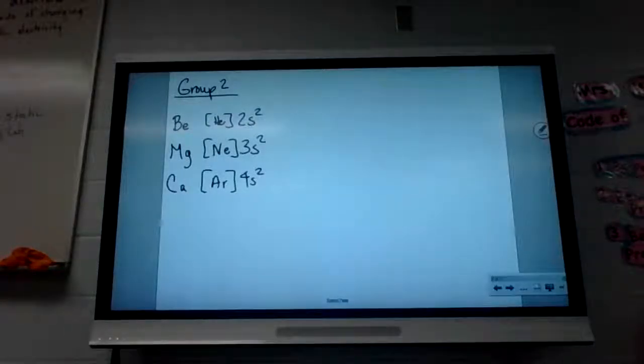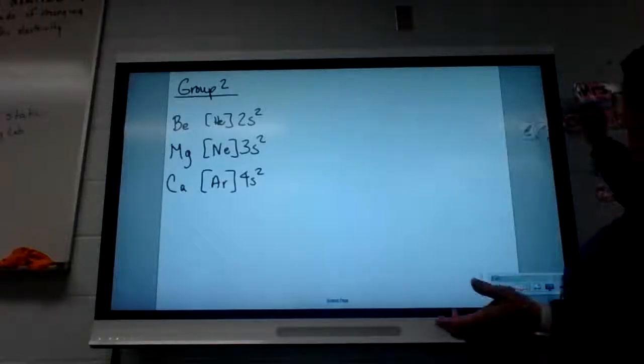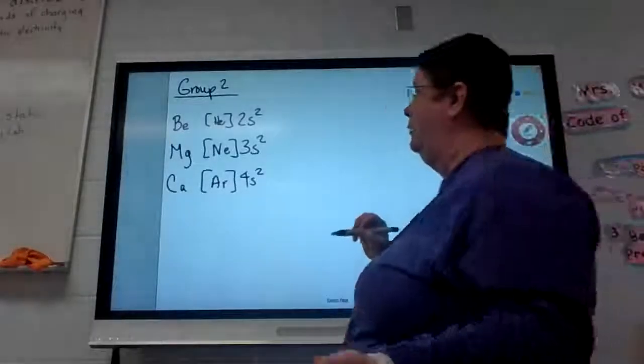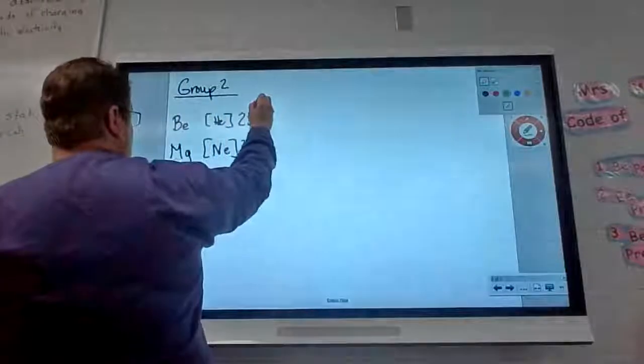What do they all have in common? The S and the 2. So what can you tell me about their outer shell? 2 in the outer shell. All right, so if we look at beryllium, its highest energy level is what? 2.